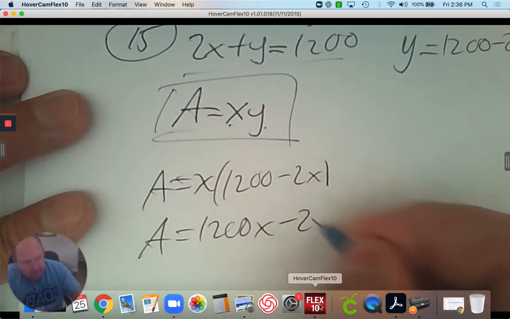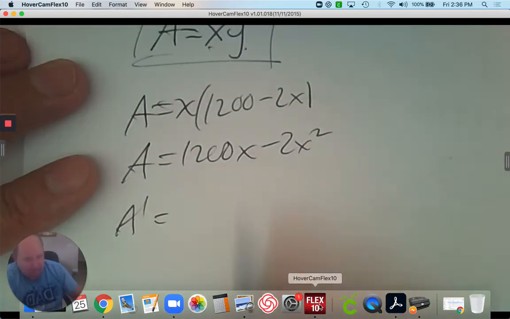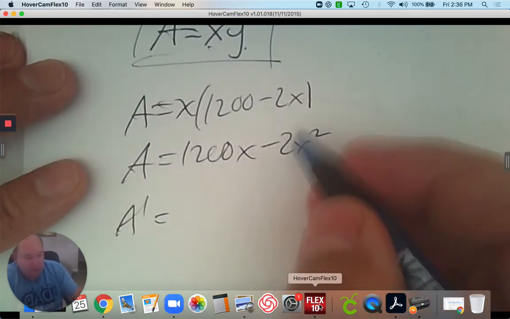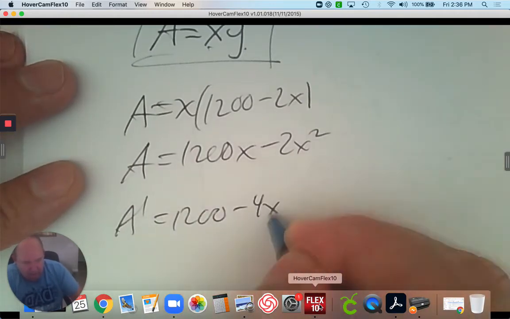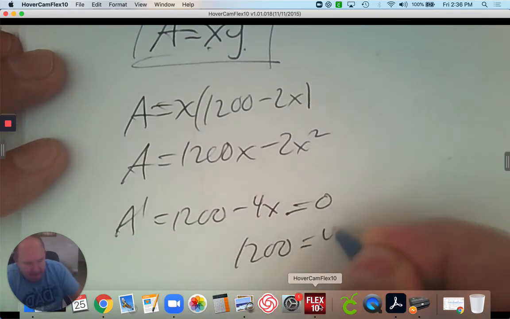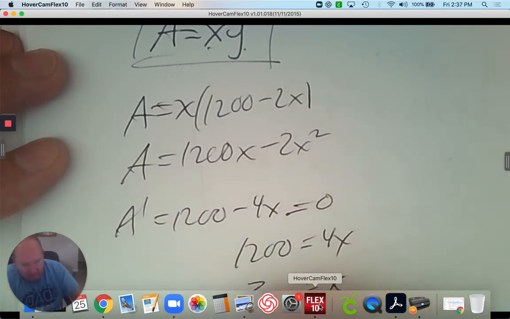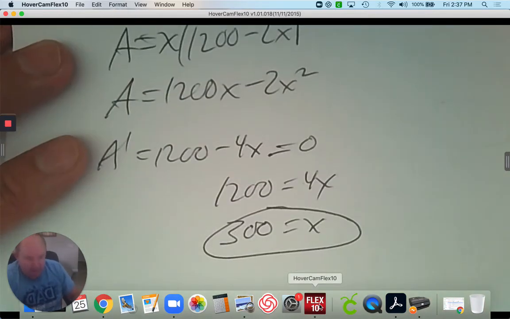1,200x minus 2x squared. Take the derivative to find that maximum. So to take the derivative, it's a parabola facing down, so I know it's a maximum. So it's 1,200 minus 4x. We're finding the vertex ultimately. Equal to 0. So we add 4x and divide by 4. So when x is 300, you're going to have a maximum area.